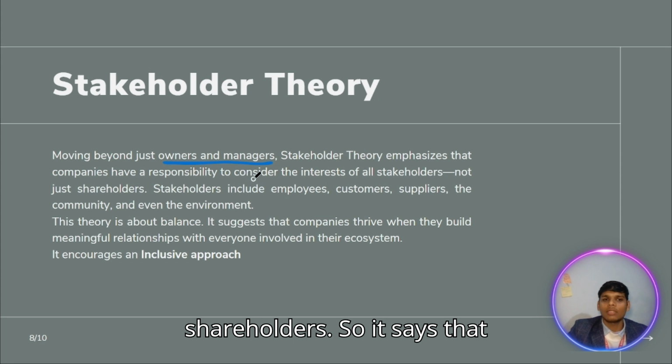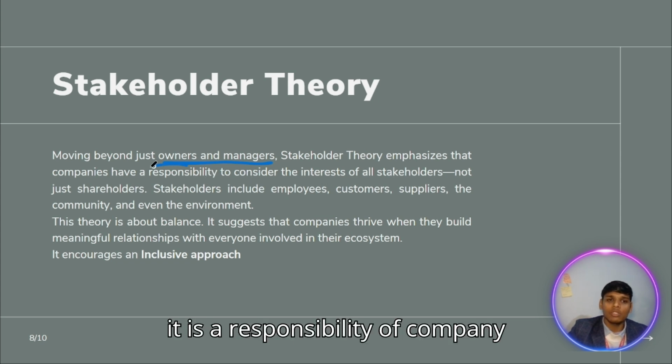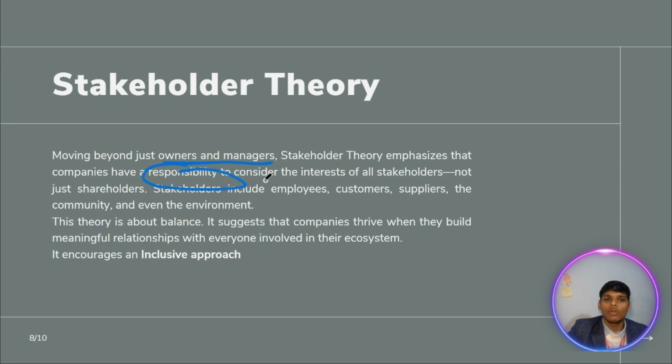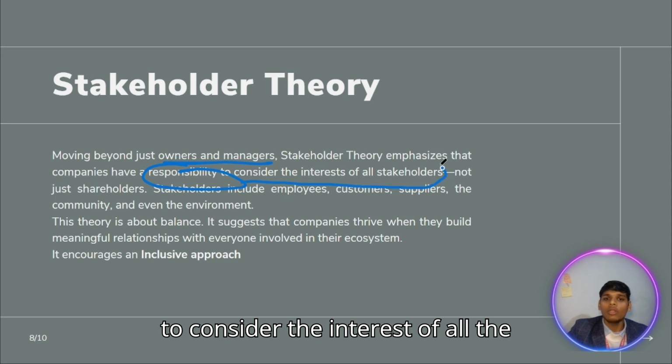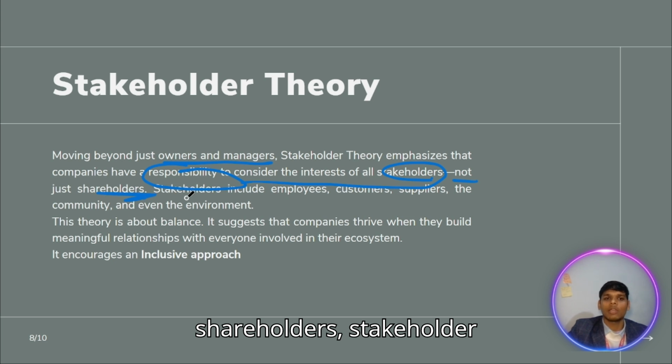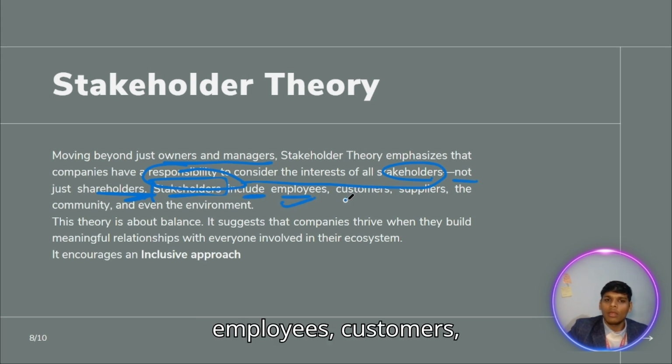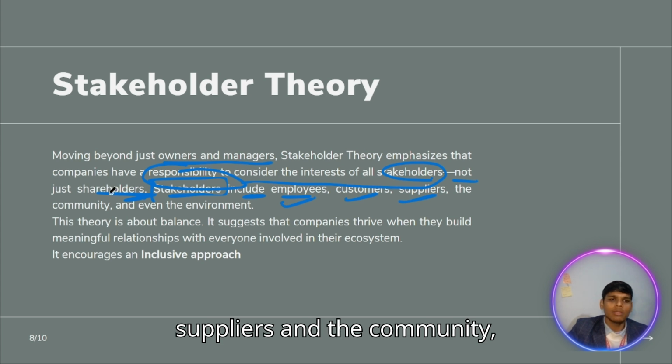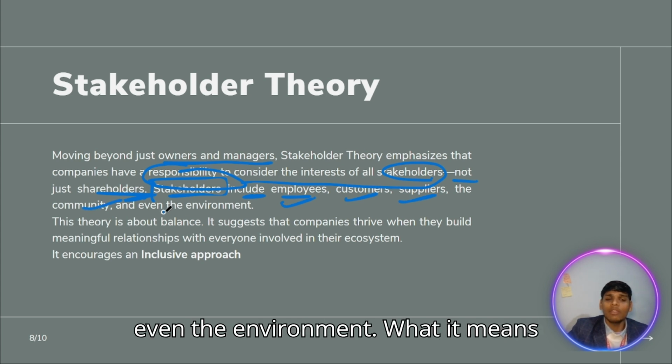So it says that it is a responsibility of the company to consider the interest of all the stakeholders and not just the shareholders. It also tells that stakeholders include employees, customers, suppliers, and the community, even the environment.